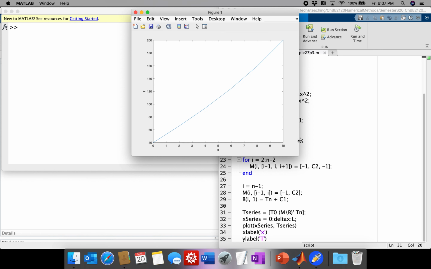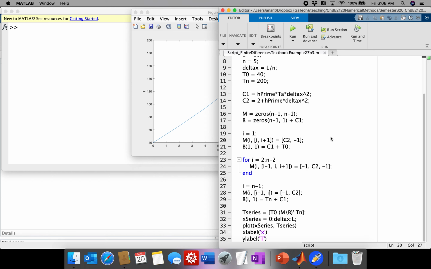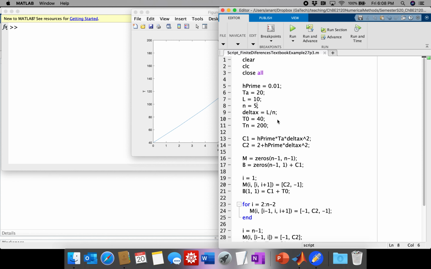Looks like it was a problem with the order of operations. Okay, so the temperature at x equals 0 is 40. At x equals 10, it's at 200. That looks reasonable. Now let's see if I increase n by a factor of 10, my code should actually adapt.